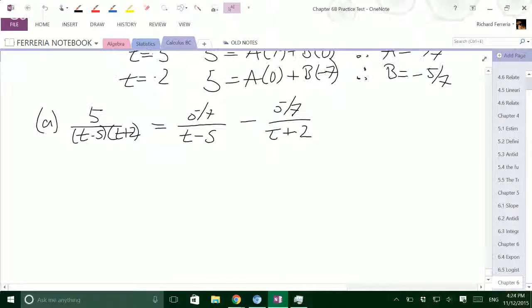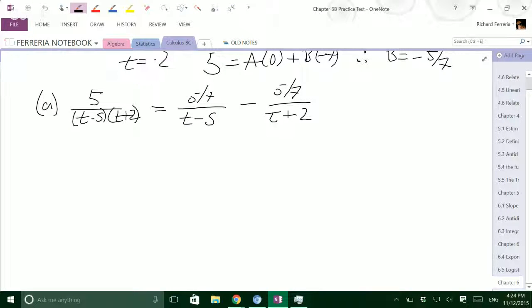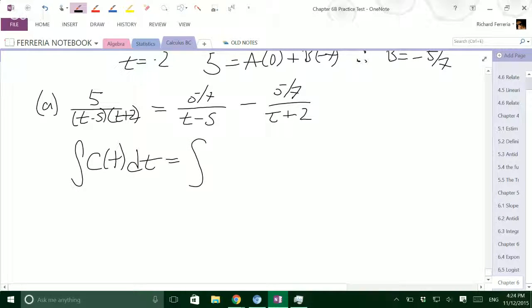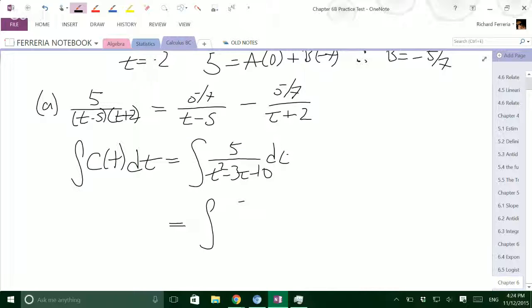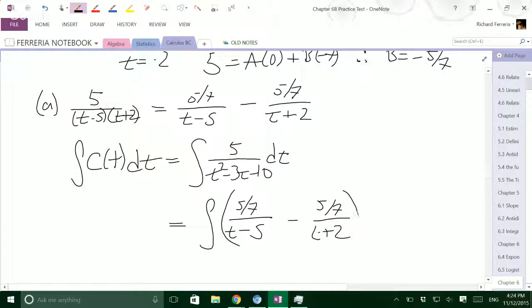Antiderivative of C(t). That's equal to the antiderivative of 5 over t squared minus 3t minus 10 dt, which equals the antiderivative of 5/7 over t minus 5 minus 5/7 over t plus 2 dt.